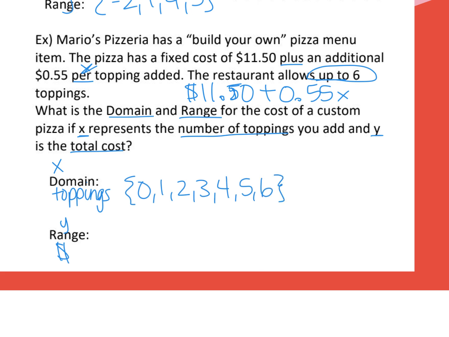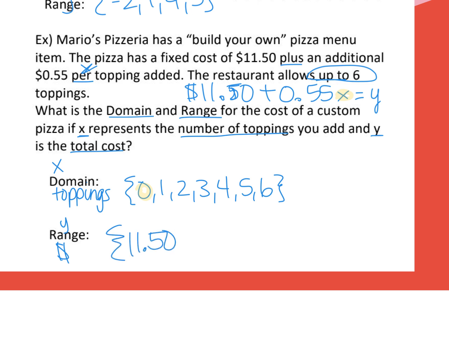Most pizza places, if you put toppings on half the pizza, they still charge you for the whole thing. And then for our range, now we're saying X is 0. So I need to take this X value of 0, and I'm going to put it here. Well, $11.50 plus 0.55 times 0 is just $11.50.